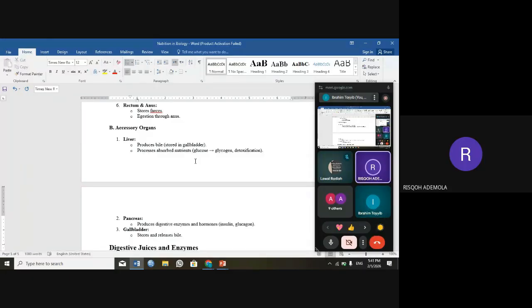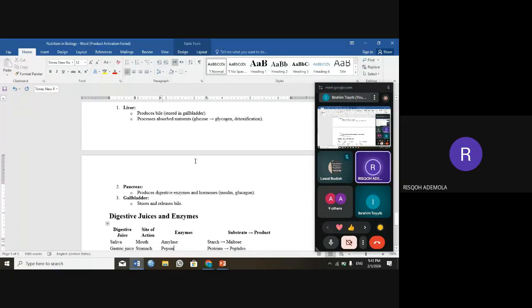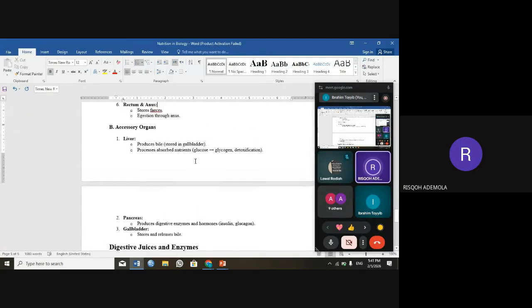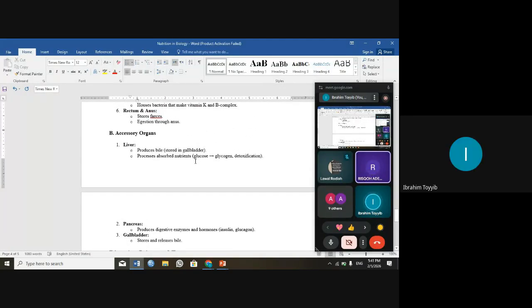It's because when I saw it inside the book, they said it's not an excretory product but an egestion product. The meaning of egestion is that anything that passes out through the anus is feces.